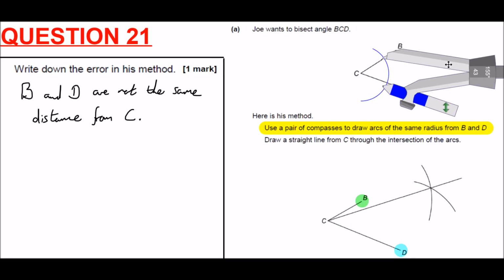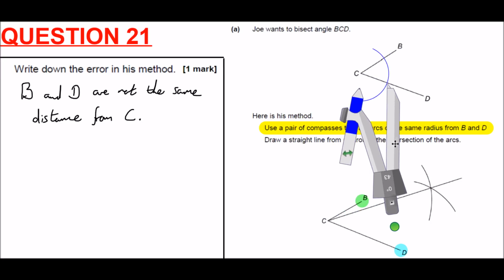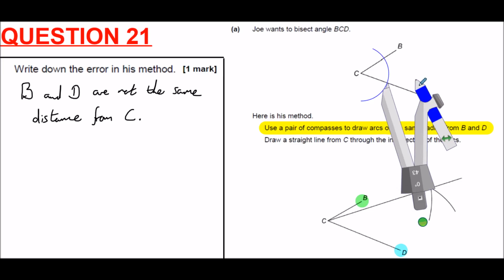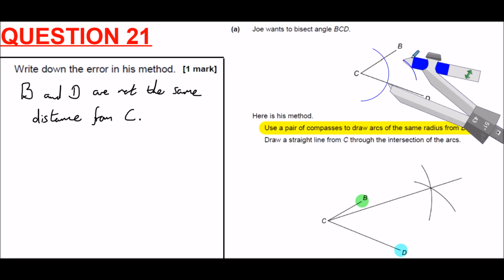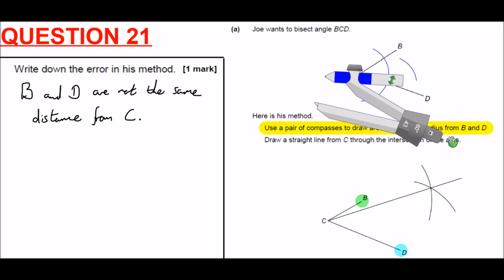So these two points are now the same distance from C. And so having done that, the next thing you needed to do was to do arcs from where this point crossed CD. So it needs to do a line here. And the same again at the other side where the intersection crossed the line CB.